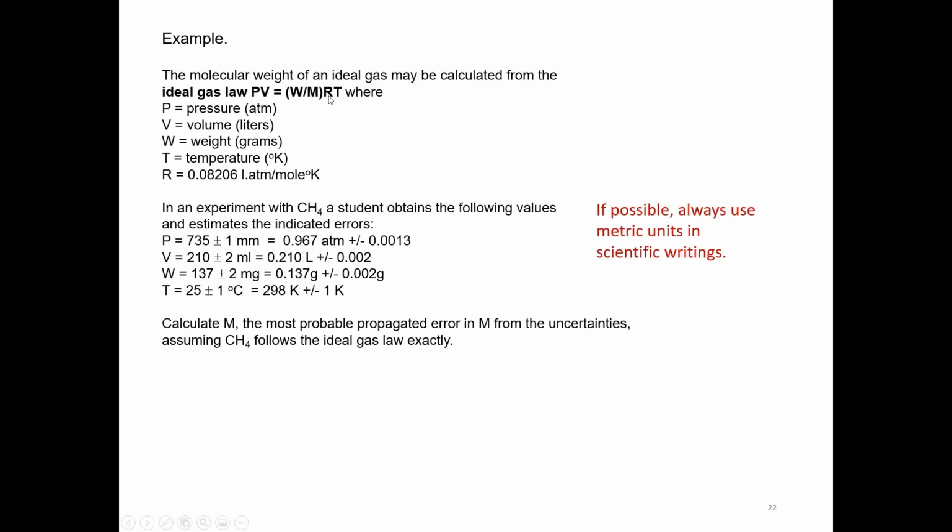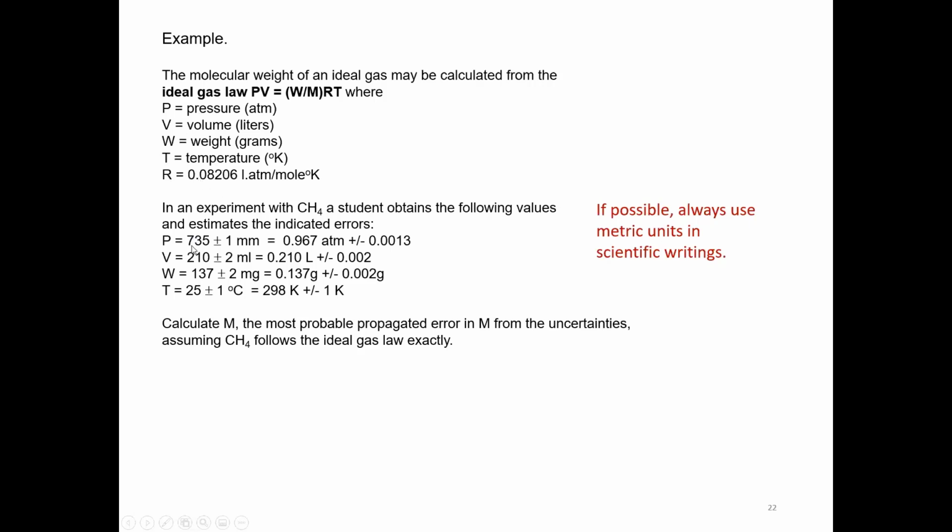R is a constant, it's not something we are going to measure. And we can measure the temperature as well. So here I have pressure, volume, weight, temperature, and R as a constant. R doesn't have an error since it's a constant.